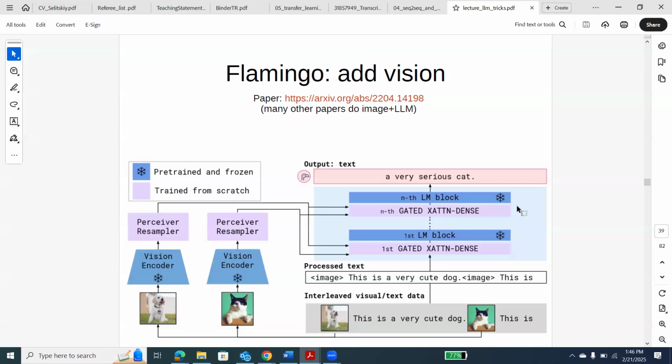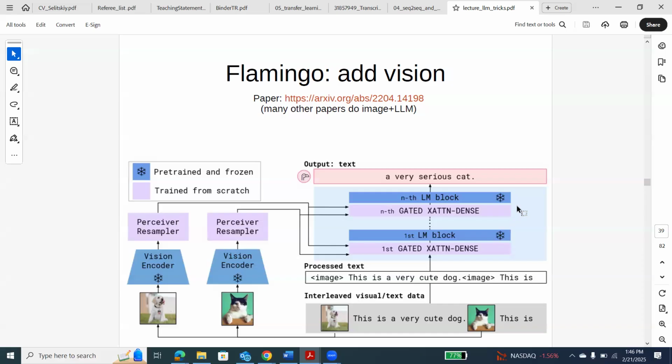Image transformer can create embeddings for images. And there is also wav2vec, the model that creates embeddings for audio data. So you can use these embeddings as input to your large language model in attention layer.